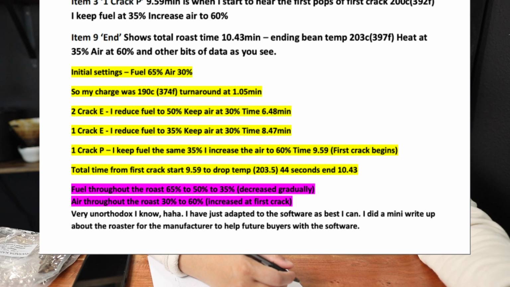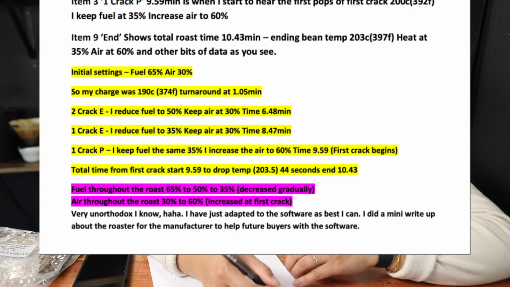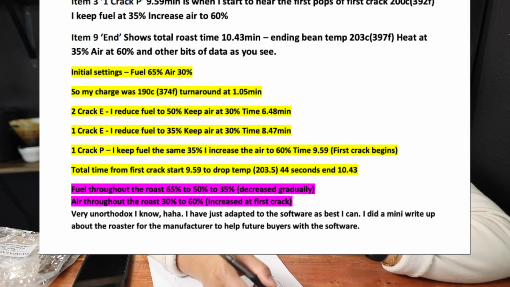And then at 1 crack P, I keep the fuel the same at 35%, increase the air to 60. At almost 10 minutes, first crack begins. So it's a very long middle phase for this Rwanda, and a very, very short third phase from first crack start to drop temp, which is 44 seconds long.